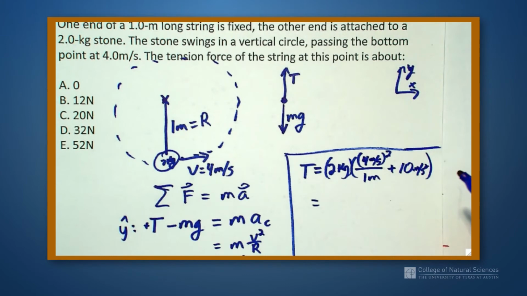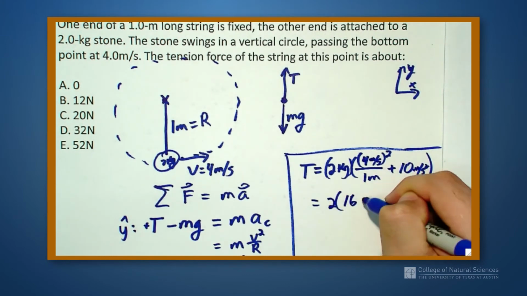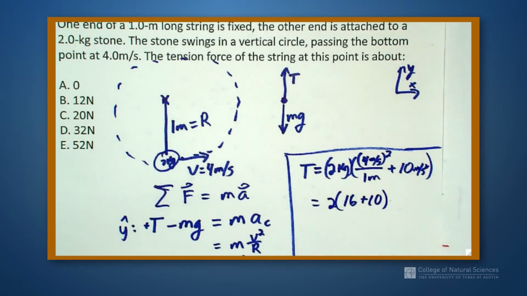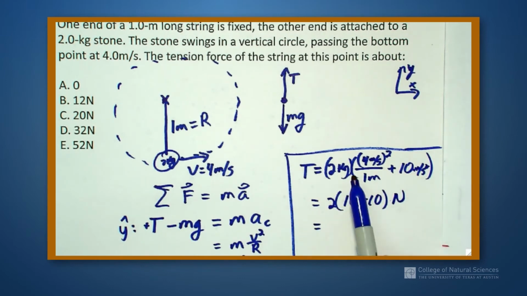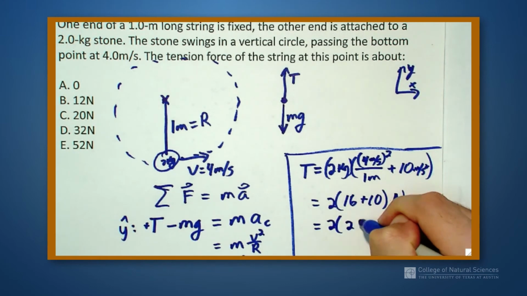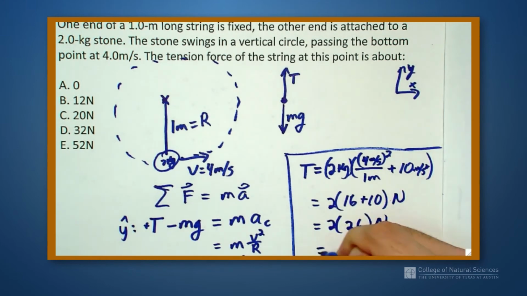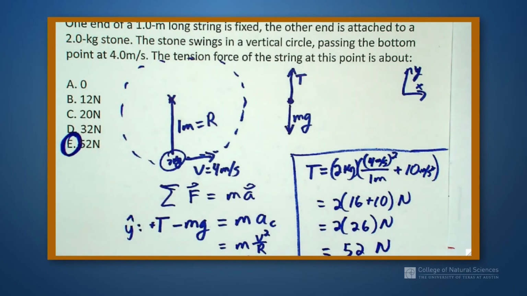So this is equal to 2 times 16 plus 10. And it has the units of newtons. So this is going to be 2 times 26 newtons, or 52 newtons. So I look over here and it looks like answer choice E is my correct answer.